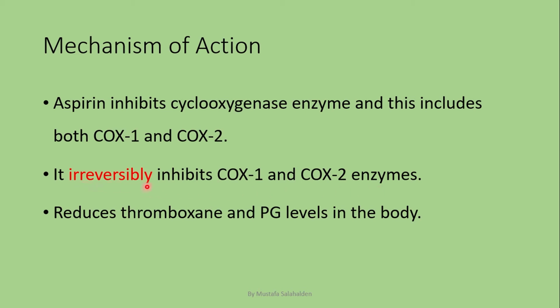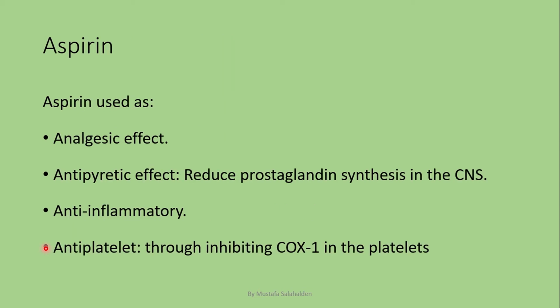So, aspirin irreversibly, this is an important keyword you need to remember because it might come in the USMLE exam. The third point is it reduces the thromboxane and prostaglandin levels in the body, as I said in the previous slide.